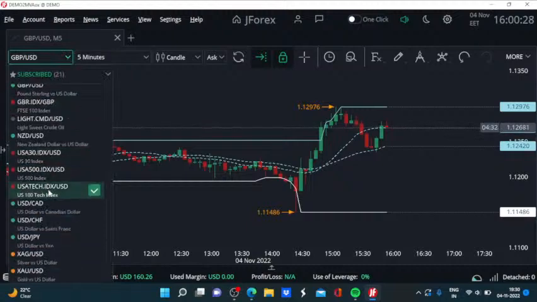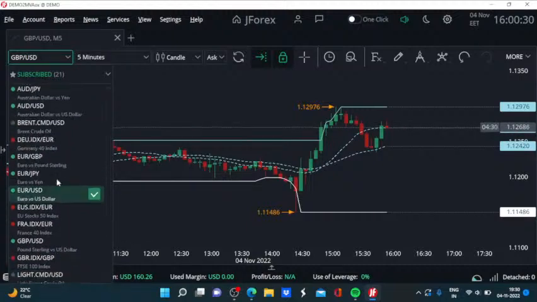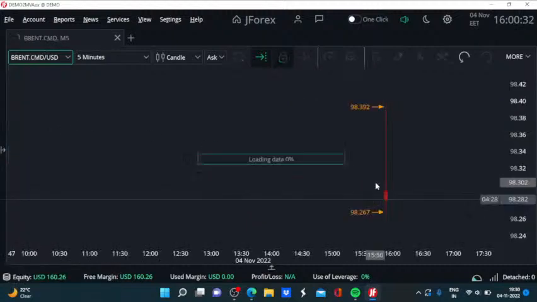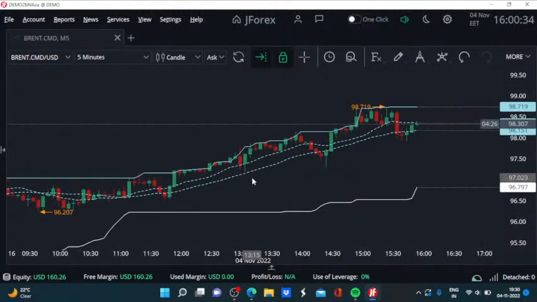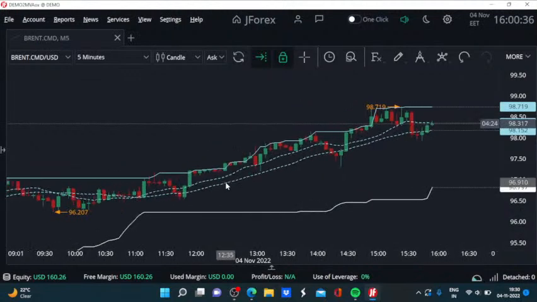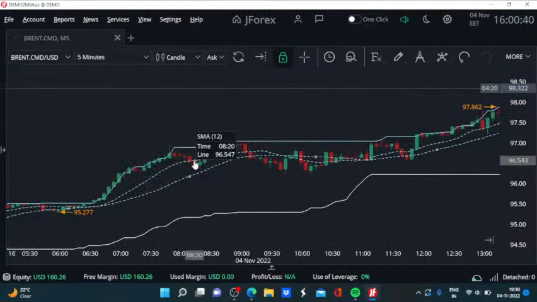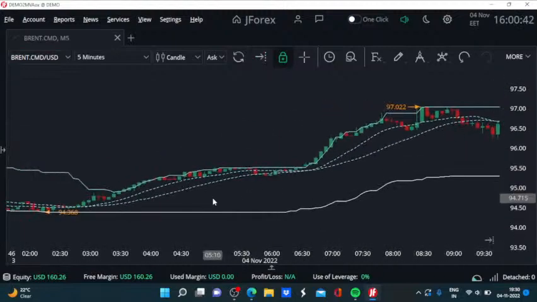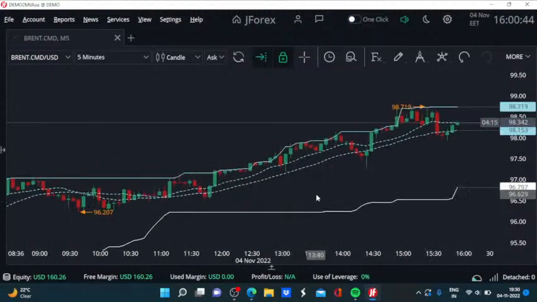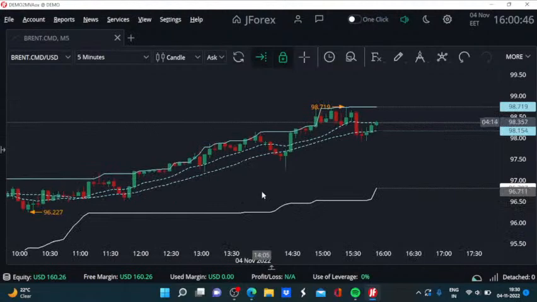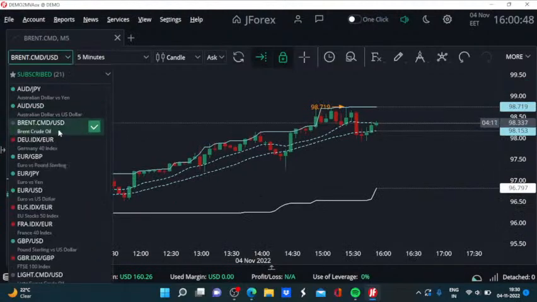Now let's see what's happening in the commodity space. We have the Brent crude and the light crude. Here also the bullish tendency is intact. We have a strongly bullish scenario for both of these commodities.